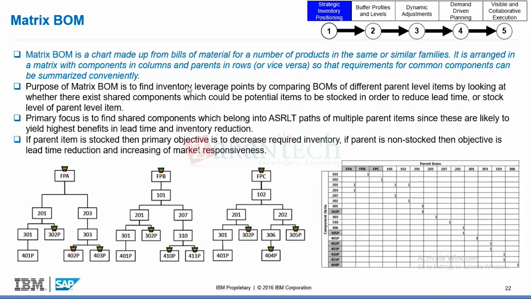So any component in the synchronized lead time path has to be identified. That is the primary focus for multiple parent items. That is going to give us the greatest benefit in inventory reduction and reduction of lead times.